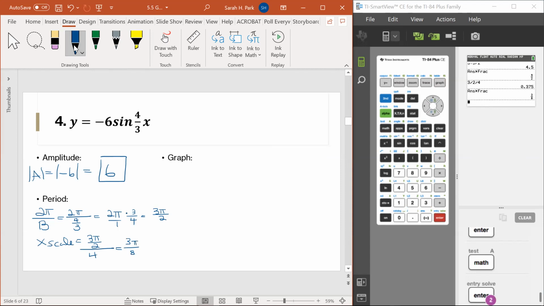And so we can put in the graph now. This is 0, and I know that the last one, the full period, is 3 pi over 2. And here's 3 pi over 8. We add another 3 pi over 8, we're going to get 6 pi over 8 or 3 pi over 4.